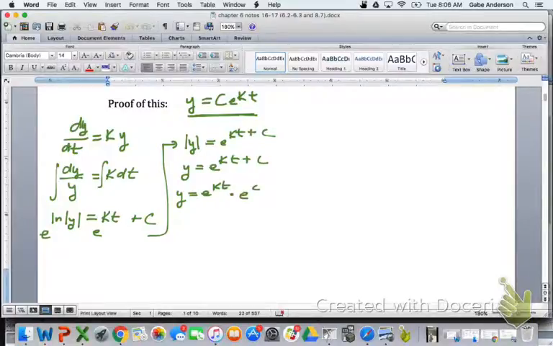And we're just basically reversing what you learned back in algebra, which is called the product rule. When you're multiplying bases, you add your exponents. And finally, e is a constant, c is a constant, so e to the c is just some other constant. So y equals c e to the kt. You can see that matches, of course, and hopefully a proof that relationship I told you before is actually true.